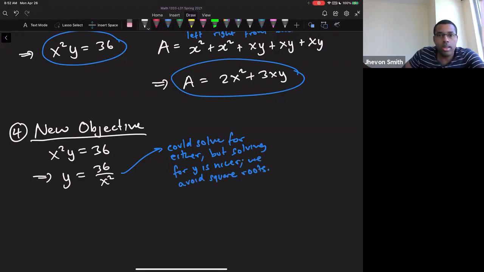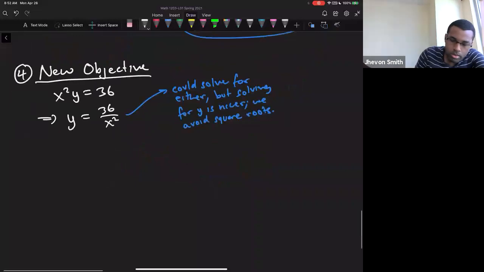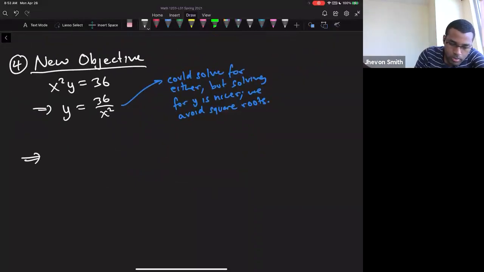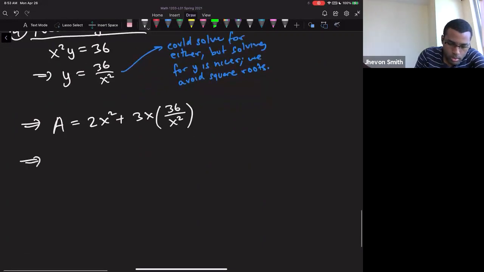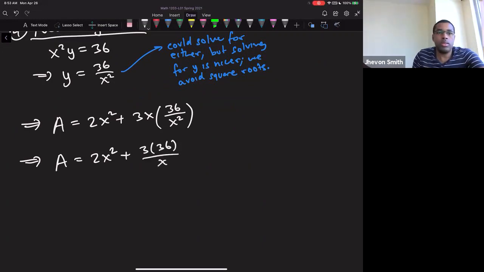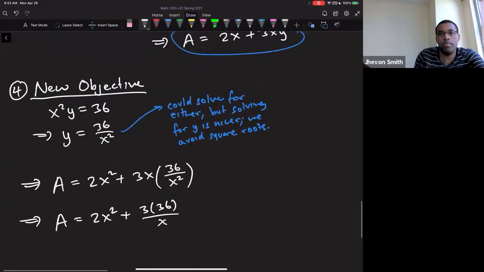To avoid the radicals. So now I can take that y and I can plug it into the area. So this means that A is going to be equal to 2x squared plus 3x times y. And so that is our new objective.